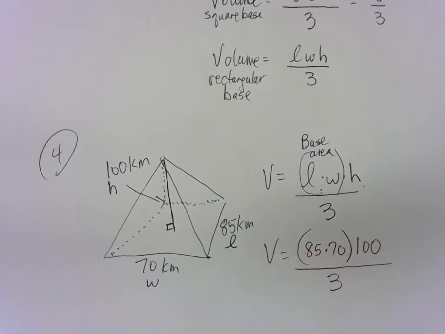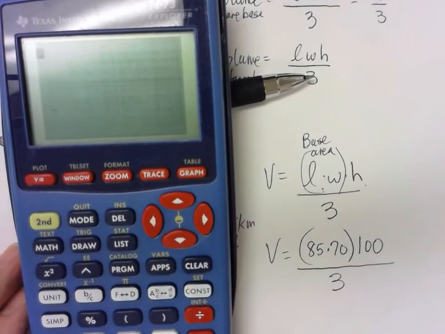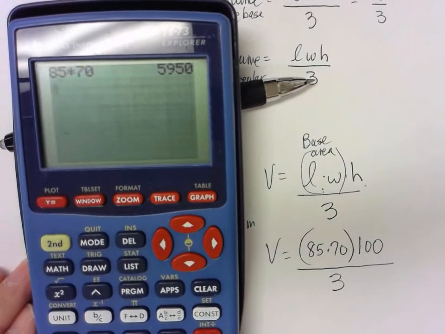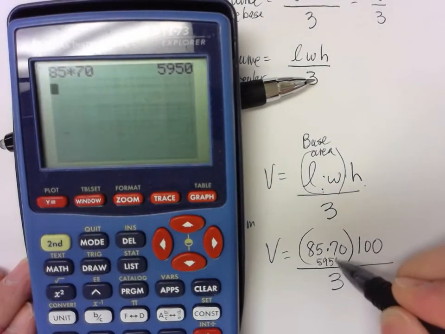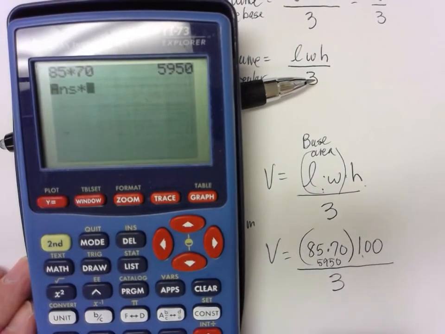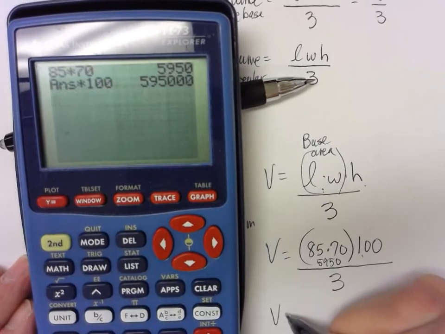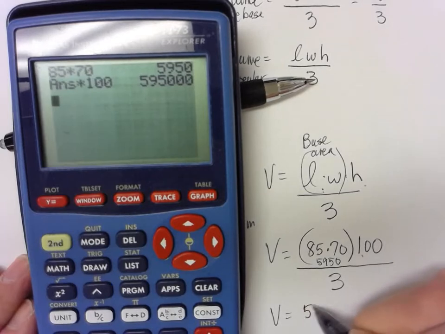So let's pull out our trusty calculator here. So 85 times 70 gives us the base area, which of course would be 5,950. I'm just going to write it underneath there. 5,950 times 100. All right, so that ends up giving us 595,000.